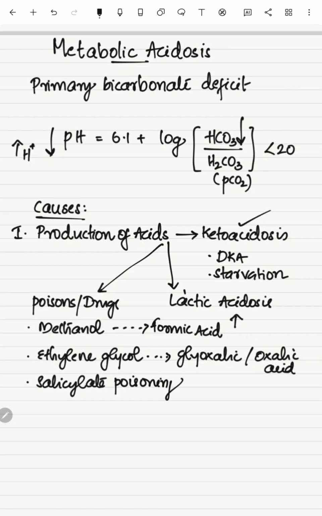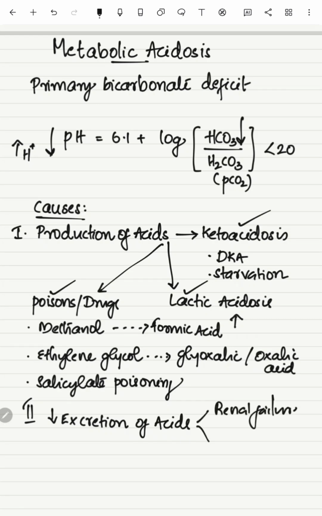Now moving on to the second cause, that is decreased excretion of acids. So what are the two conditions which cause decreased excretion of acids? The first one is renal failure. Second one is renal tubular acidosis.